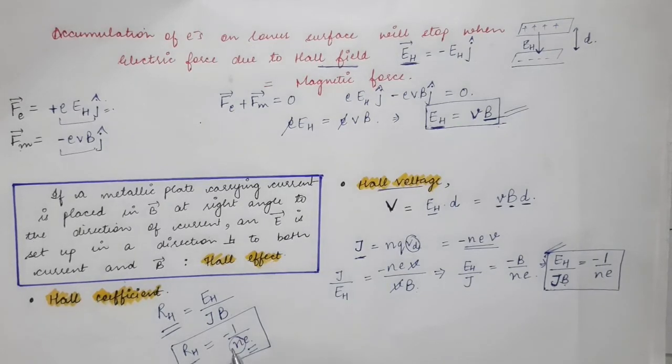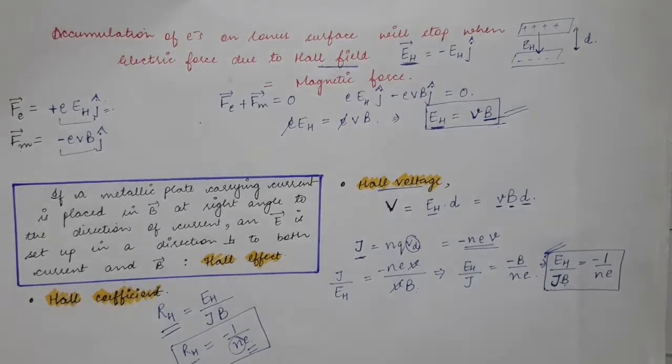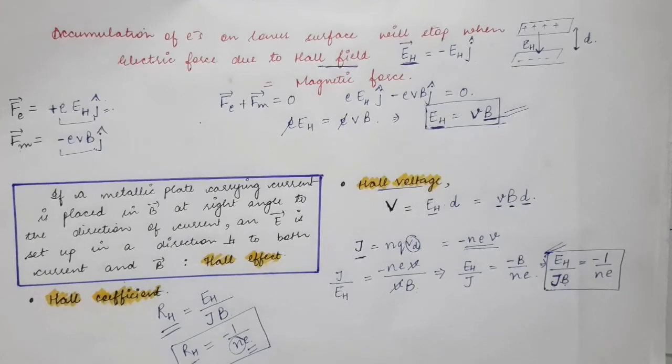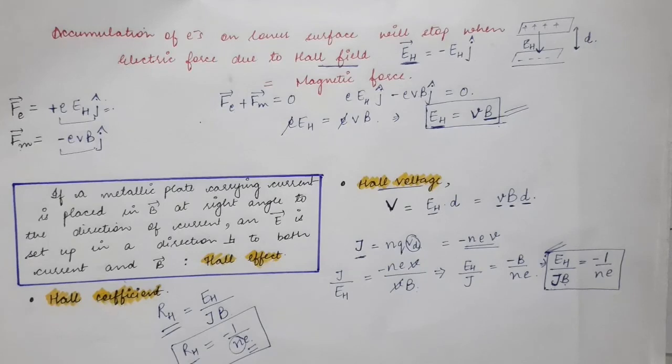If RH comes out to be negative, the charge carriers in that material are negatively charged. And if the Hall coefficient comes out to be positive, the charge carriers in that material are positively charged. So the Hall coefficient helps us determine the sign of the current carriers, and it also gives us information about their number density.